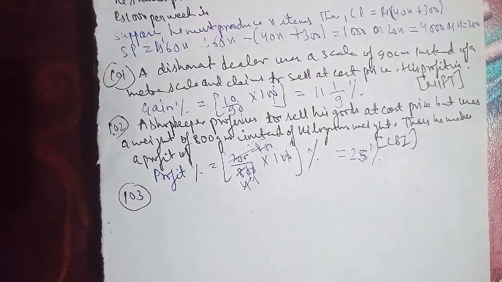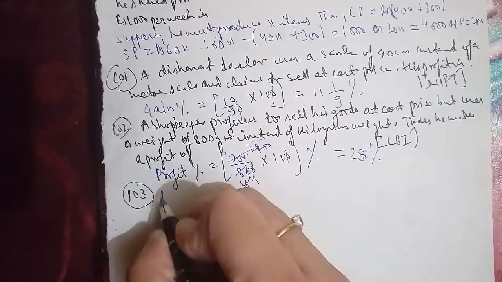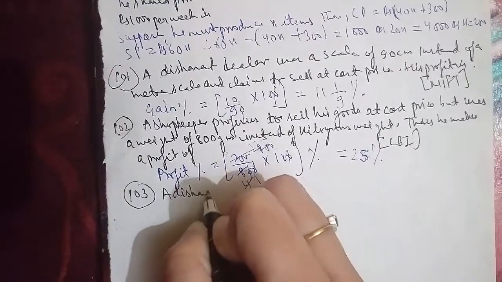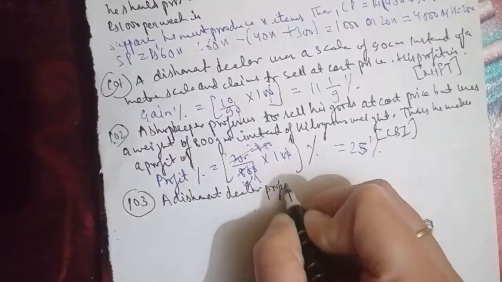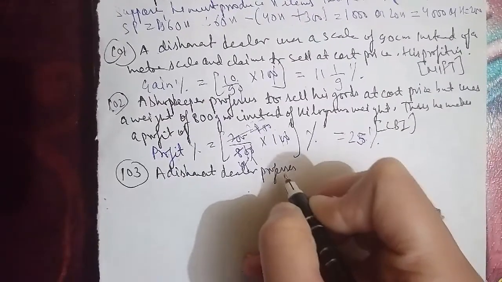A dishonest dealer professes to sell his goods at cost price, but he uses a false weight and thus gains 18 by 47%.